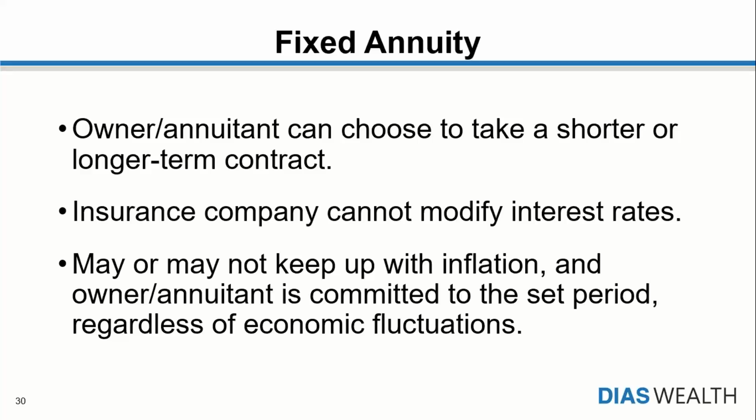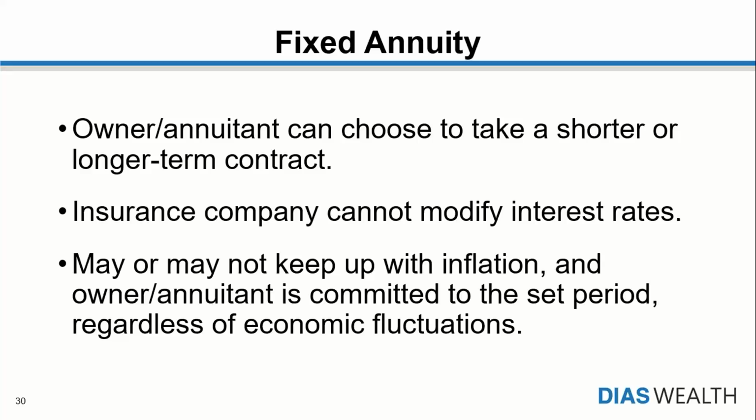The owner or annuitant can choose to take a shorter or longer term contract. The pro in this case is that the insurance company cannot modify the interest rates. The cons: it may or may not keep up with inflation, and the owner annuitant is committed to the set period, regardless of economic fluctuations.